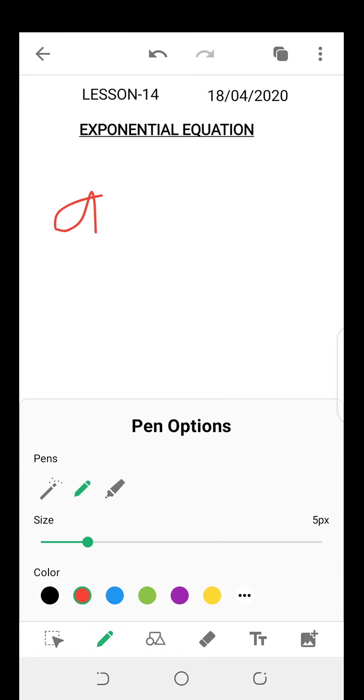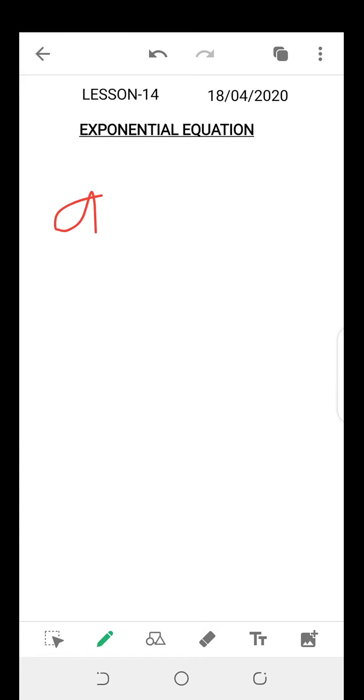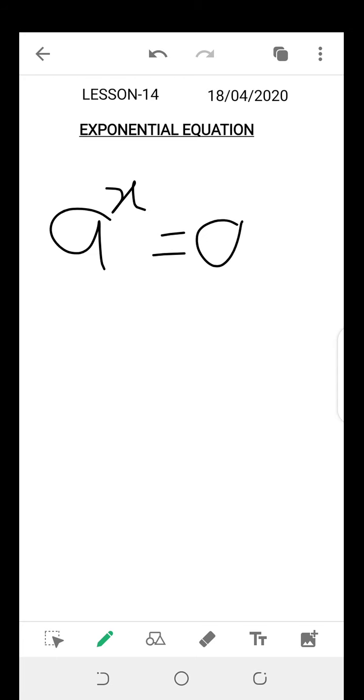So for example, let me change my ink to black. That'll be very good here. Let's assume we have a raised to power x is equal to a raised to power y, like this.